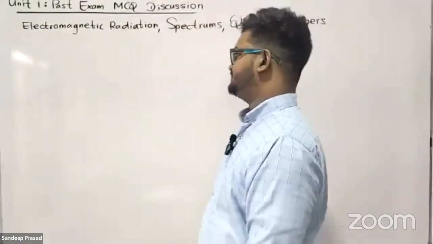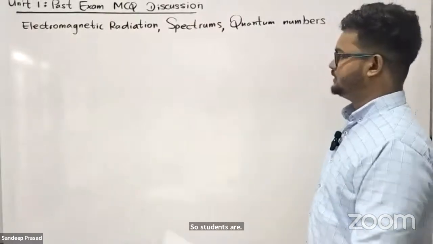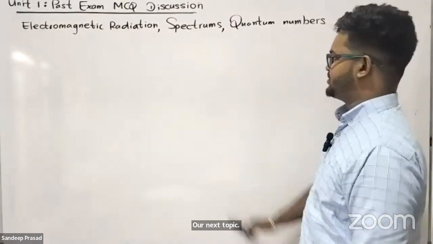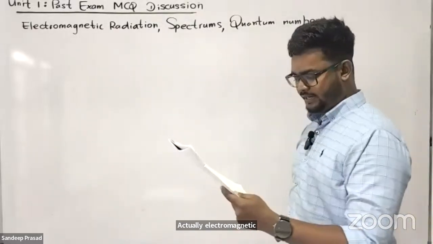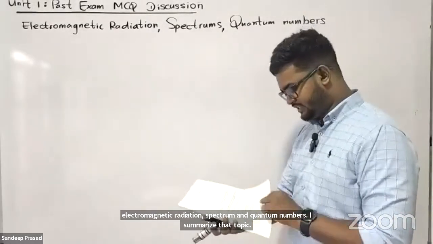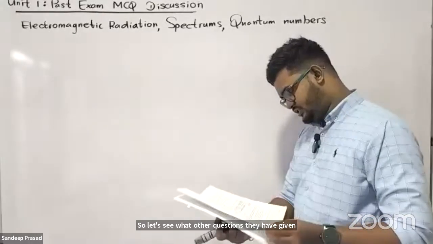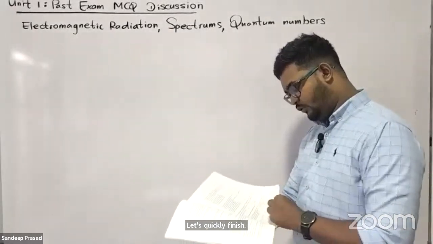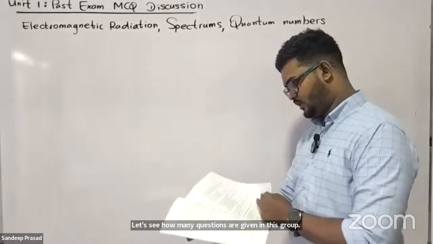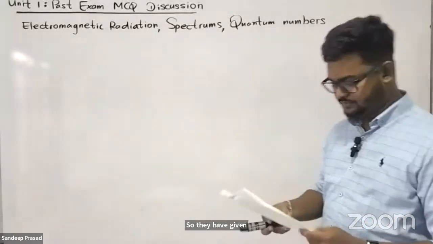So students, our next topic is actually electromagnetic radiation spectrum and quantum numbers. I summarized that topic. Let's see what questions they have given in this topic. They have given 48 questions from this one. Let's finish this one also.